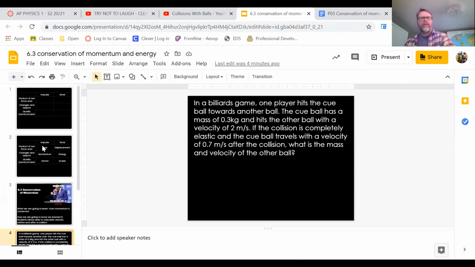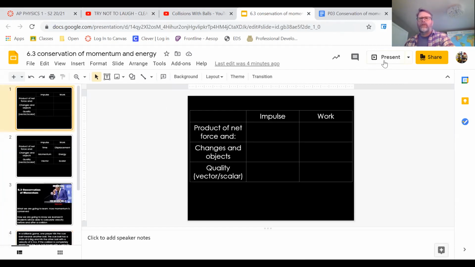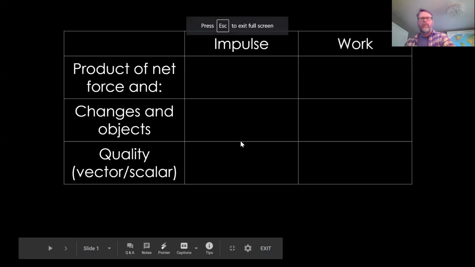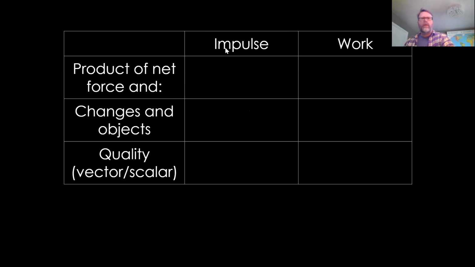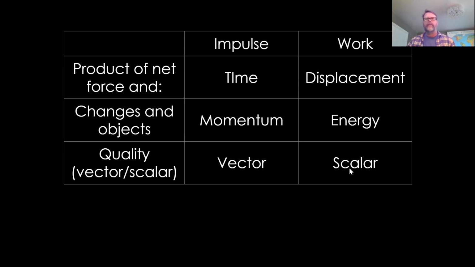But what we're really thinking about is conservation of energy and momentum put together. So one of the keys is to keep track of what is the difference between impulse and momentum versus work and energy. So we had these two charts that we talked our way through in class.